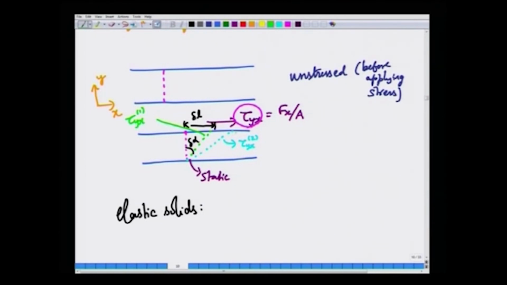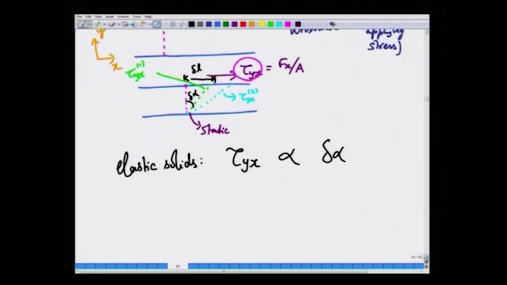If you apply more stress, then the angle alpha you will get will be more. So, for elastic solids, the shear stress that you apply is directly proportional to the amount of deformation that you get in the material. The stress is proportional to the deformation in the material.